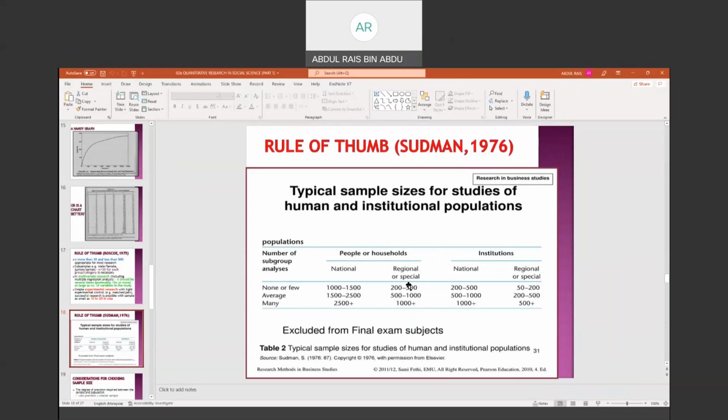Saya kata you ada banyak subgroup, mungkin you patut consider population antara 500 hingga 1,000. So rule of thumb biasanya Roscoe dan Sekaran lah yang paling banyak diikutkan ataupun dijadikan garis panduan. Right?